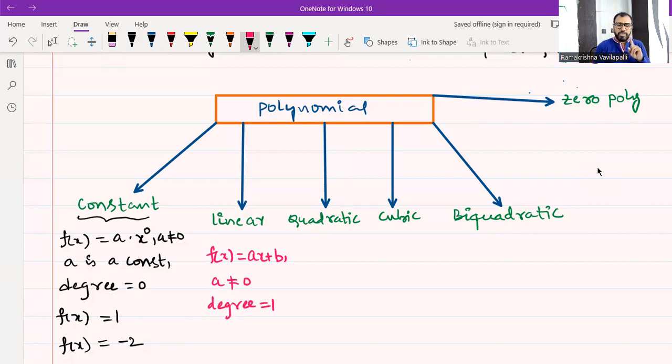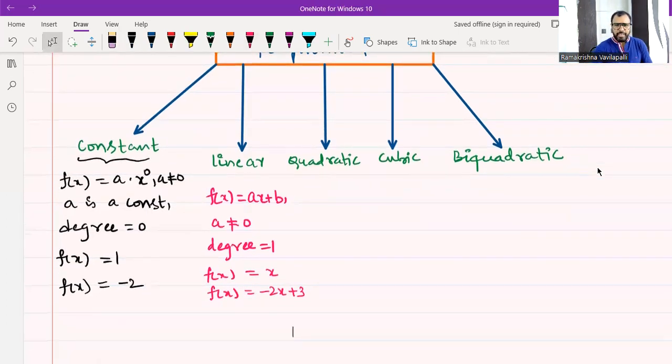So a polynomial with degree 1 is called a linear polynomial. For example, you can take f of x equal to x, and f of x equal to minus 2x plus 3. In this way, you can create examples by yourself. These are all known as linear polynomials.